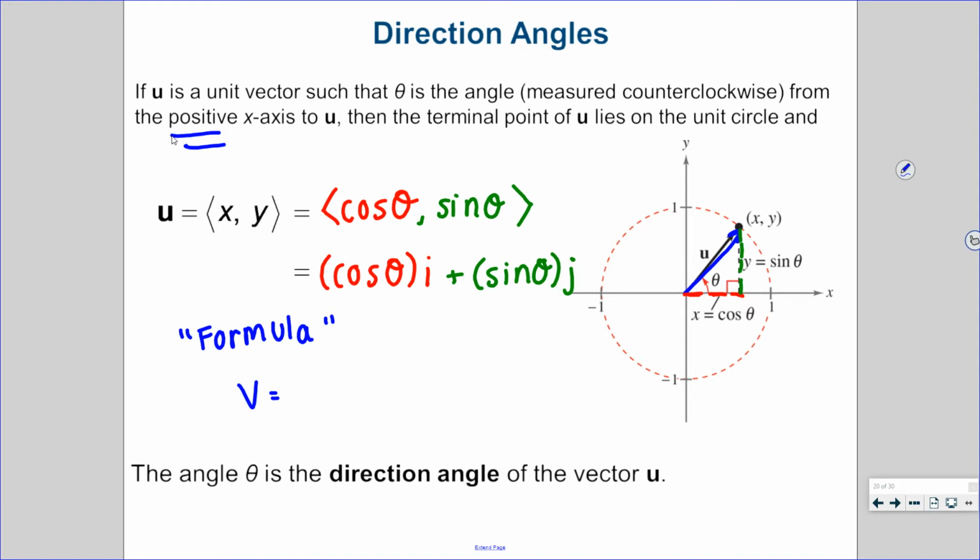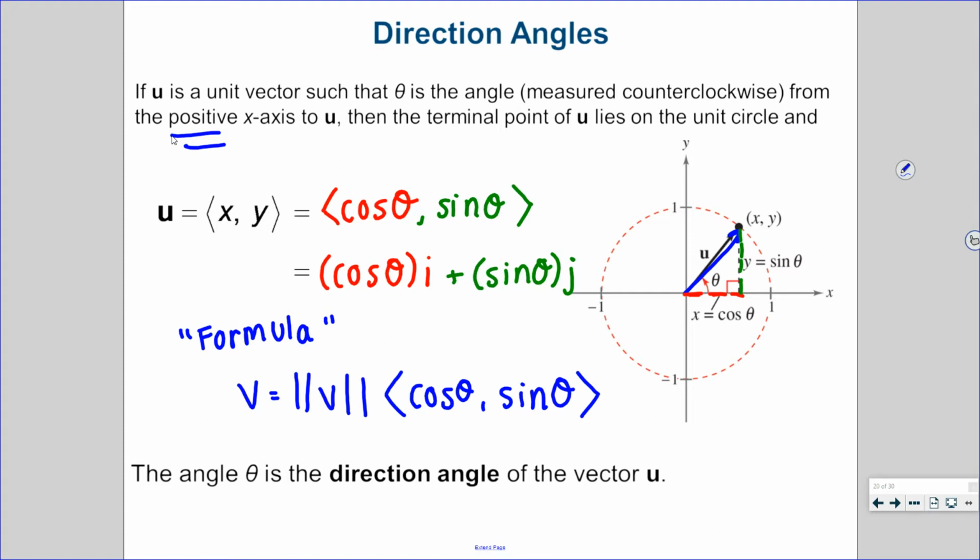Anything that doesn't have a magnitude of 1, we can take the magnitude to figure out its component form, times the cosine of theta and times the sine of theta. So basically you're factoring in the size of that vector. If you're given information about the direction angle, this is how we can figure out what the horizontal and vertical components are.